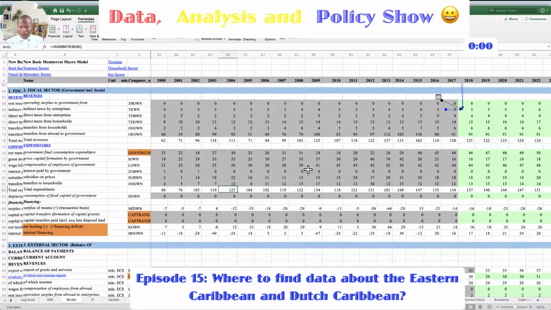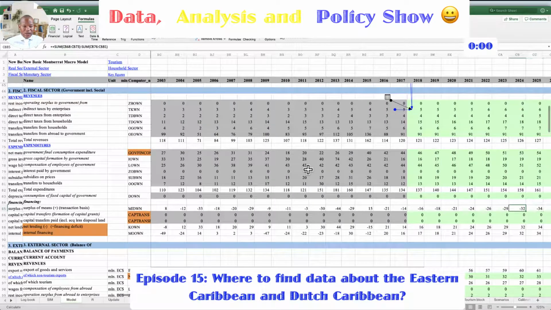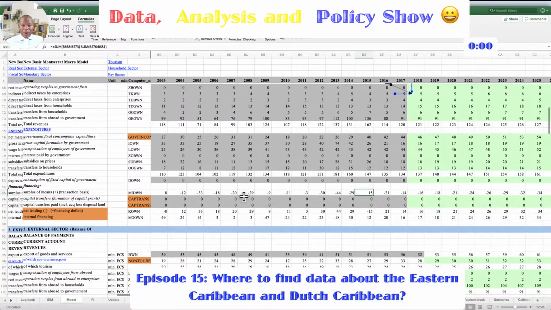So if we want to know the deficit, you see here the deficit. So there is a deficit all the time. Here a huge deficit, and you can calculate this deficit as a percentage of the total economy, of course. So the government is actually running deficits. So this is how you can look.